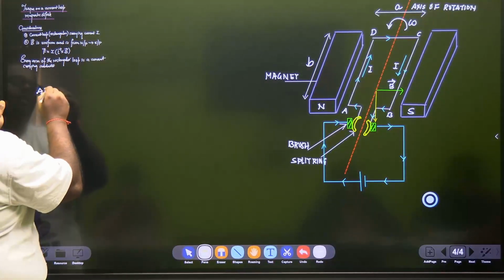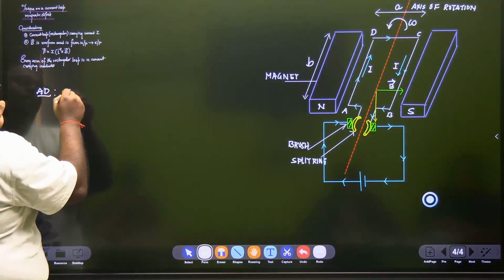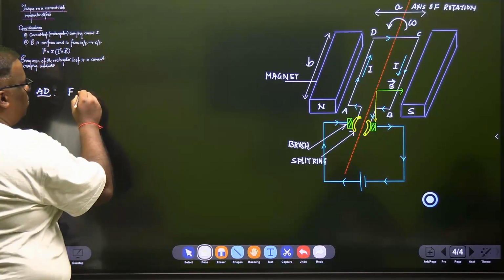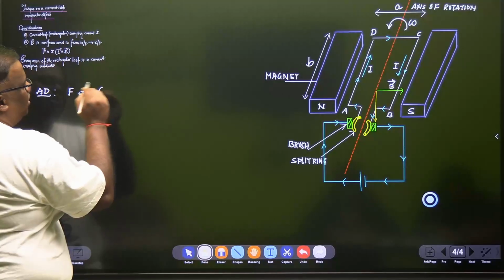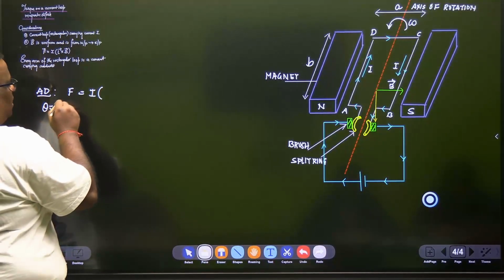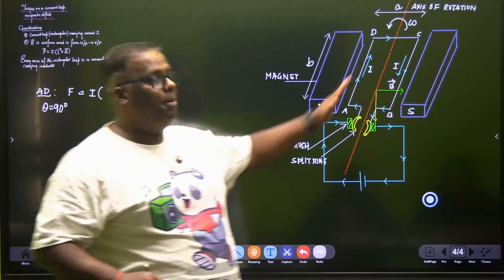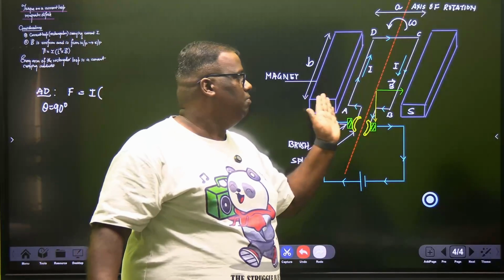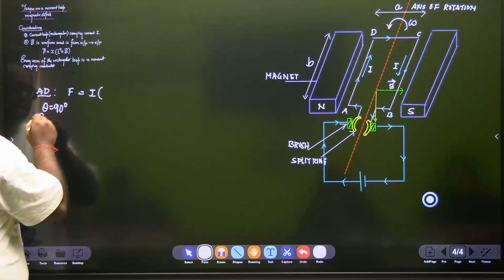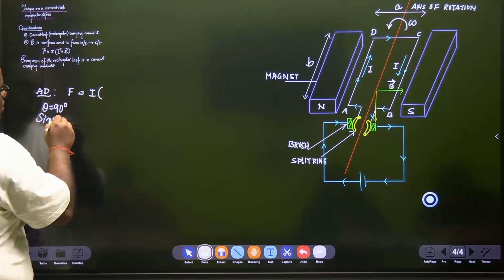Just look at AD as an arm. AD, what will you tell your force to be equal to? Force is equal to I L B sin theta, right? At AD, the theta will be equal to 90 degrees. Just see, current is going up, the current element is upwards, B is on this side, so theta will be 90 degrees. That means sine 90 will be equal to how much? 1.